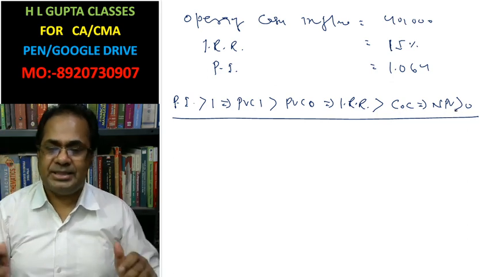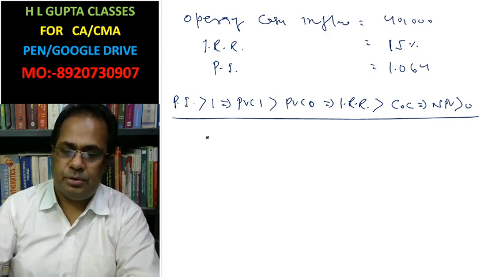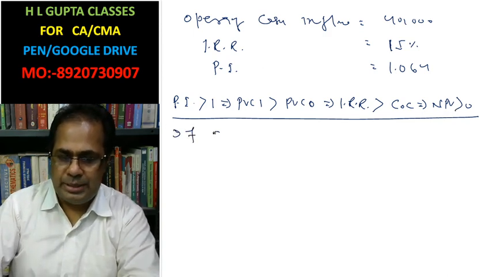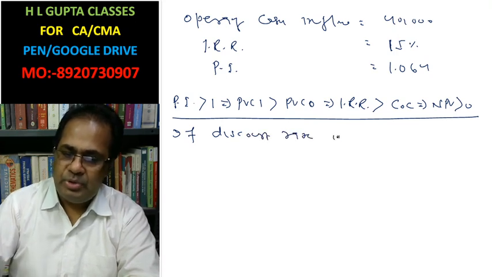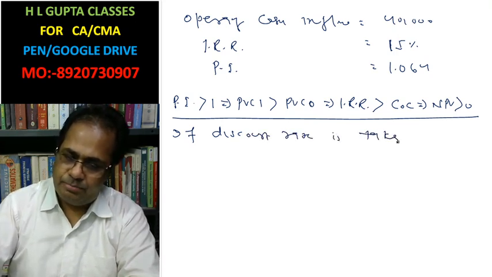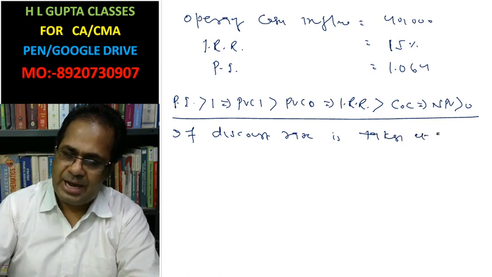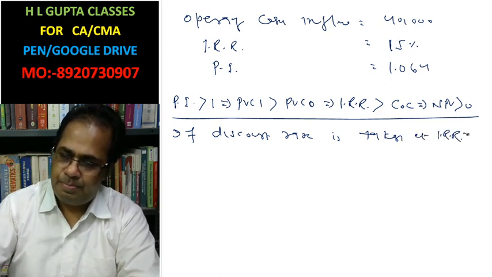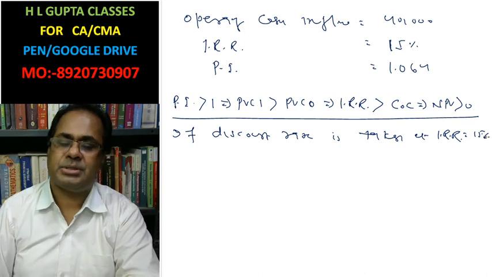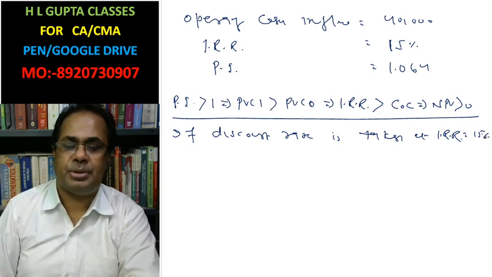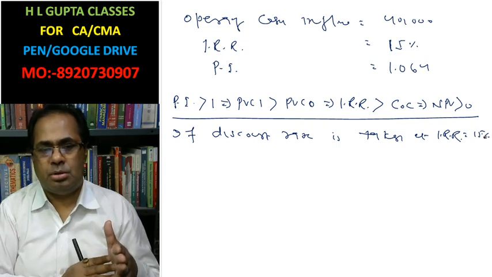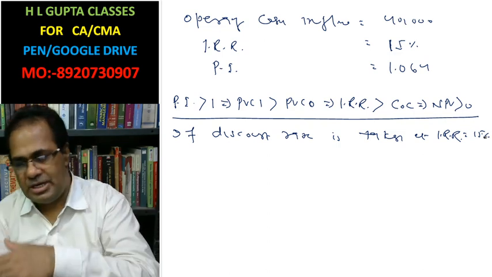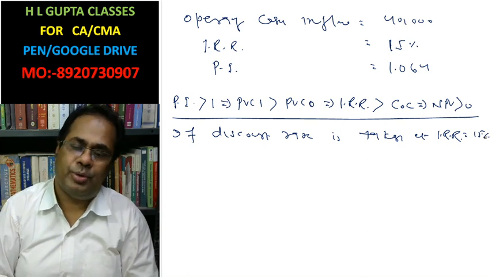In this case, if the discount rate is taken at IRR 15%, present value of cash inflow and present value of cash outflow will be equal.